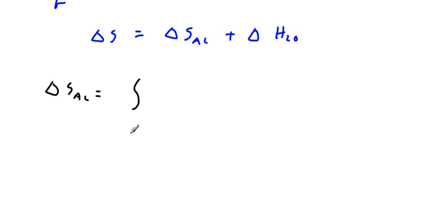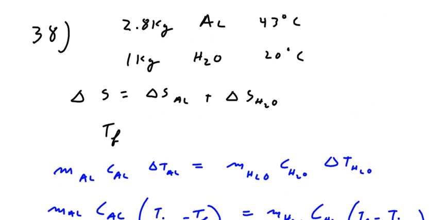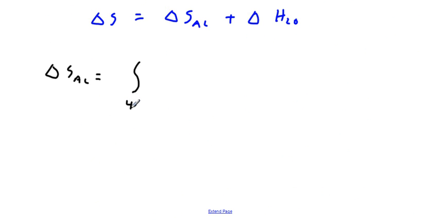Integral, I go from my temperature of the aluminum, which was 43 degrees, to my final 28.64, of the change in Q of the aluminum divided by the temperature, dT.